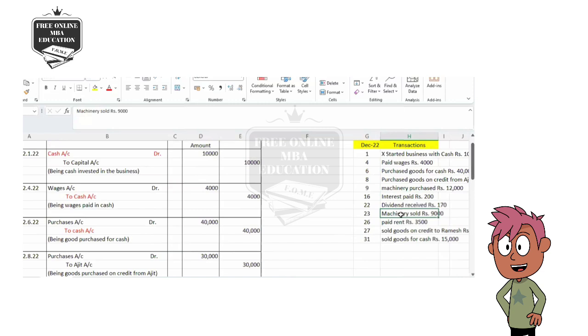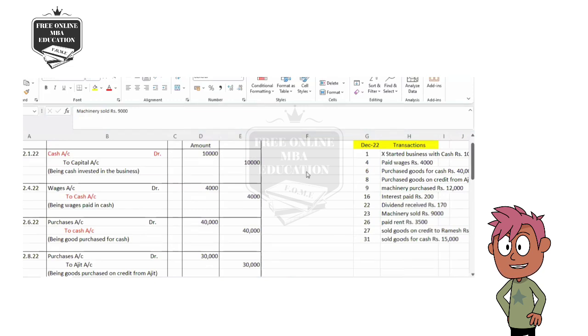After this, machinery sold, rupees 9,000. Now machinery we have sold. Machinery is a real account. Cash is also a real account. Now we are going to get the cash because machinery is sold and machinery is going out of the business.